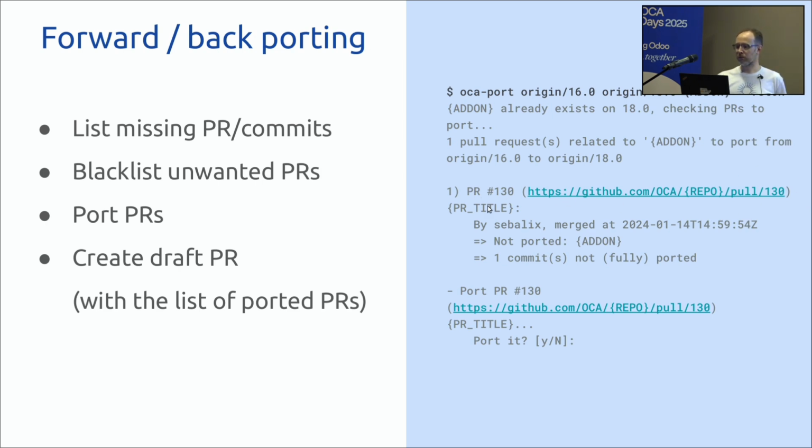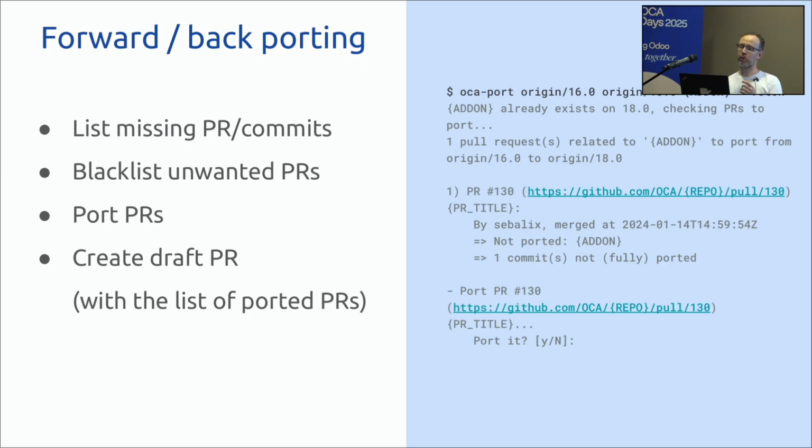So it will describe it with its link, the author, when it has been merged. If there are several pull requests missing, they will be sorted on the merge date, so to avoid conflicts when you try to port contributions one after the other. And then it will propose to port it.